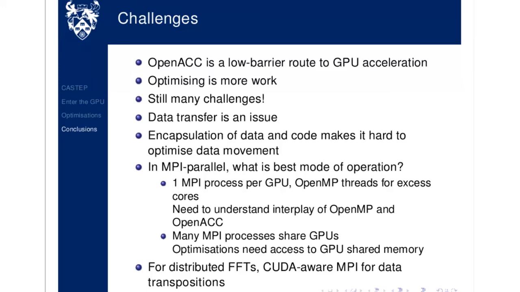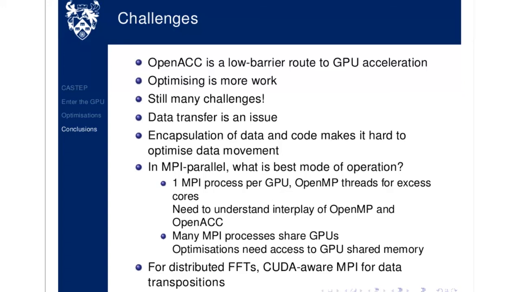A second issue, we've worked very hard to use modern software engineering practices in CASTEP, and that means encapsulating data and code. But that's made it rather hard to optimize the data movement. In OpenACC, it can be very difficult then to understand. You want to go into the low-level matrix multiplication routines and offload those, but the data that they're acting on is declared several source code levels up in not just a parent or a grandparent, but a great-grandparent routine, and that can be really difficult.